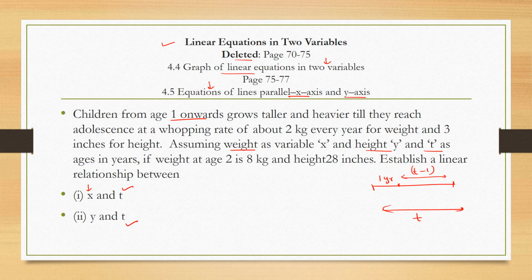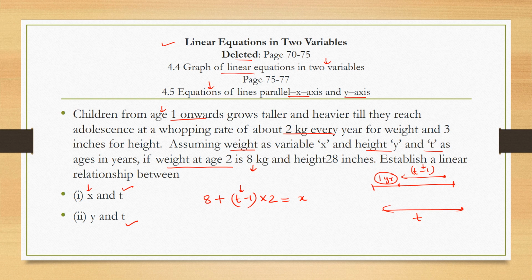Now if weight at age 2 is 8 kgs, up till 1 year we are not considering because the question is saying age 1 onwards it is growing. So 8 kg, this is the fixed value. But after that, it is growing at the rate of 2 kgs every year, right? So t minus 1 years left, and that times 2 every year will be the total weight. Correct?